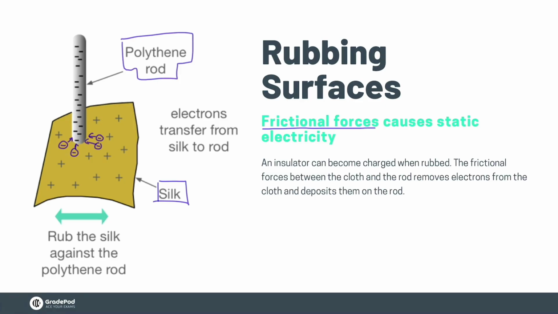What that means is there are fewer electrons on the silk, and more electrons on the polythene rod. So the silk becomes positively charged, and the polythene rod becomes negatively charged. And that's all due to frictional forces causing the electrons to move from one point to another.